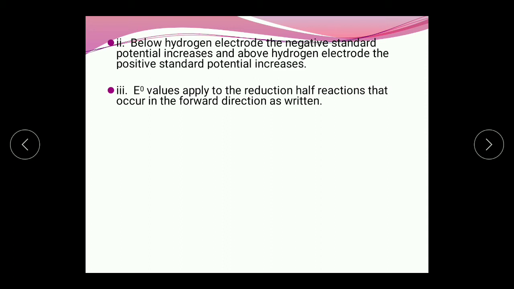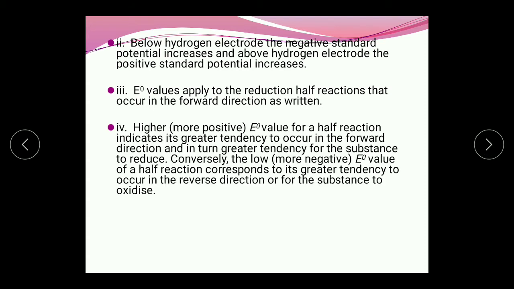In the forward reaction, the reaction is a reduction reaction. Hence, the E0 values written belong to the reduction half reaction. Those having a tendency to undergo oxidation naturally have negative E0 values. Hence, the EMF series has all these key points applied.